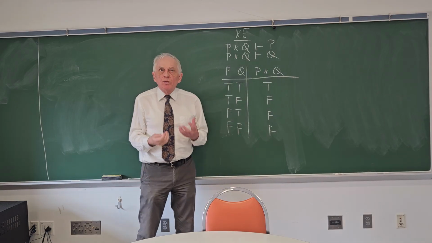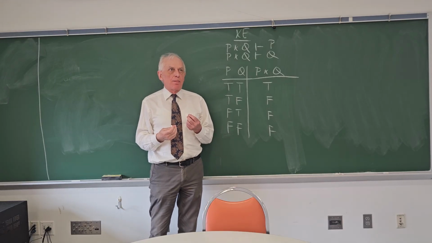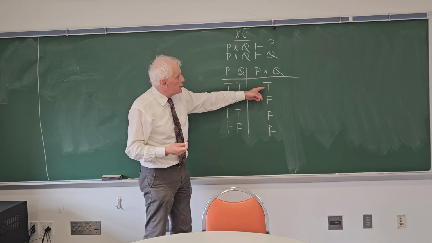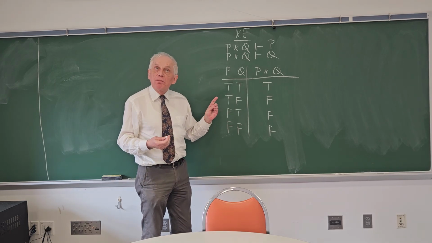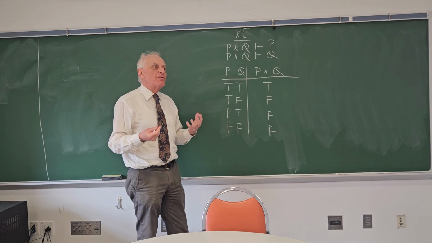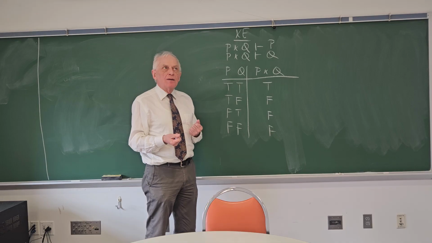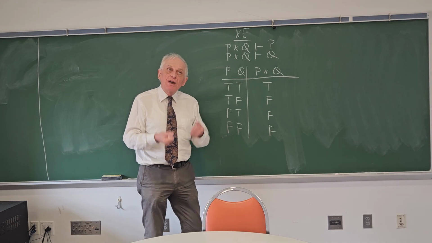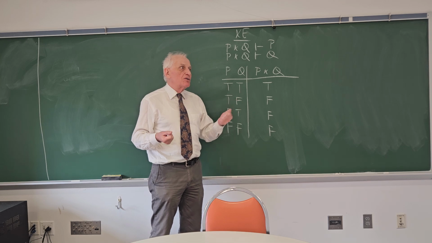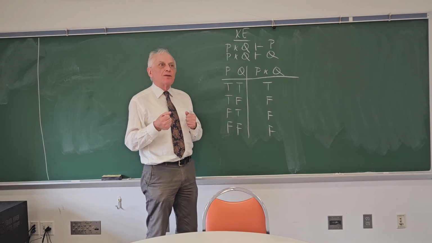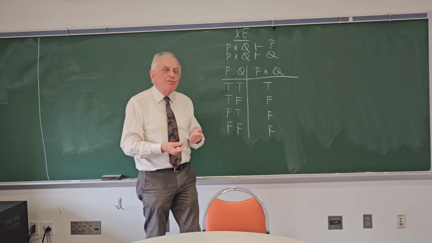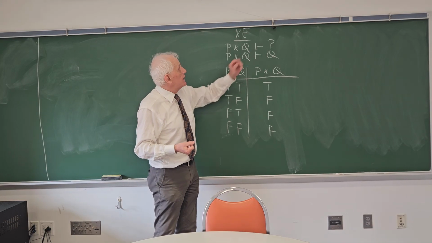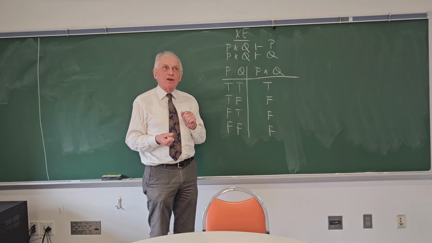And that will always be truth preserving, because if the conjunction is true, we know we're on the top line, right? We know we're on the line where both conjuncts are true. So knowing a conjunction is true means you know its left conjunct is true, and you know its right conjunct is true. So you could never go from true to false by proving the left conjunct of a conjunction.